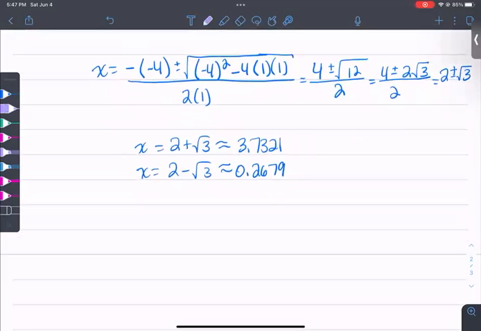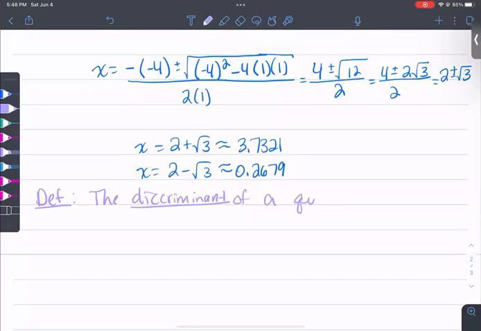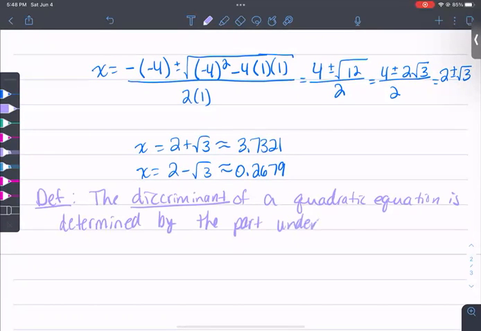Okay, my next definition for you is what we call the discriminant. The discriminant of a quadratic equation is determined by the part under the radical in the quadratic formula.